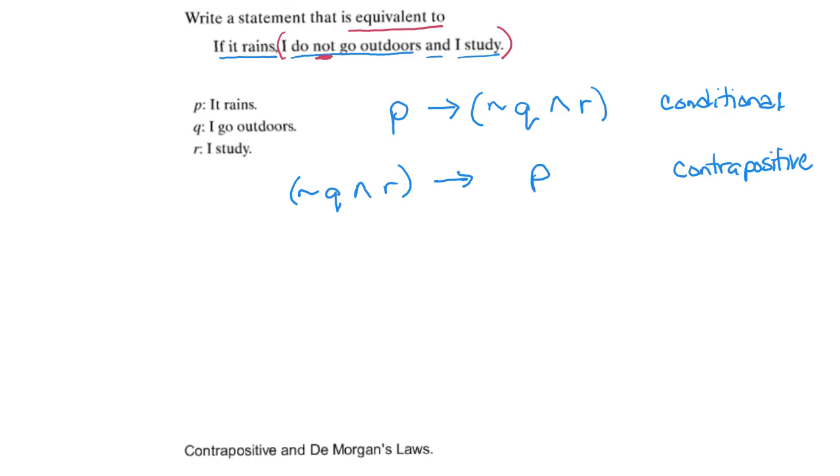To complete the contrapositive portion of it, we need to take the negation of the antecedent and the consequent. Now looking at that second statement, we can rewrite this into words, but what we really need to do is focus on getting rid of those parentheses. So we're going to take this negation of a conjunction, which means we are now going to use DeMorgan's laws to do the negation of the conjunction.